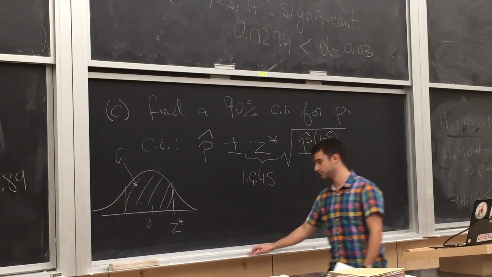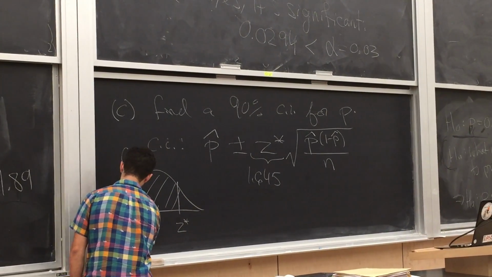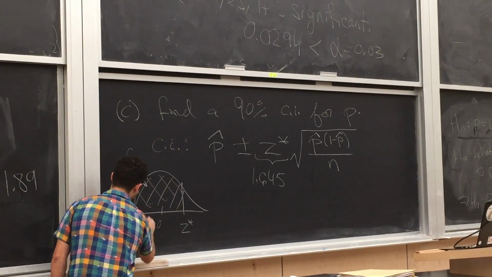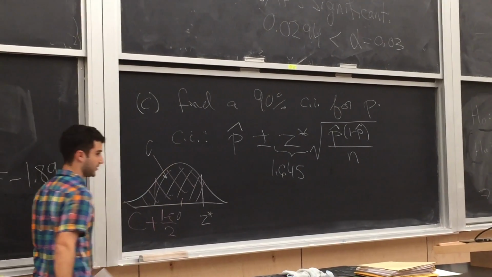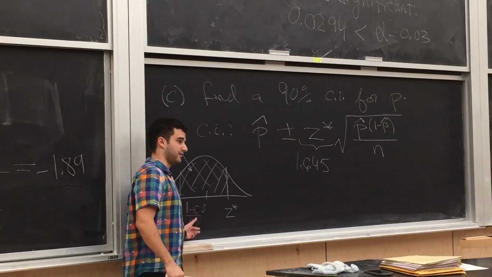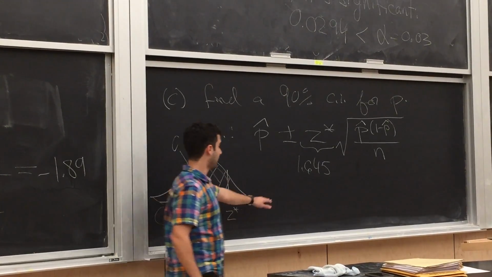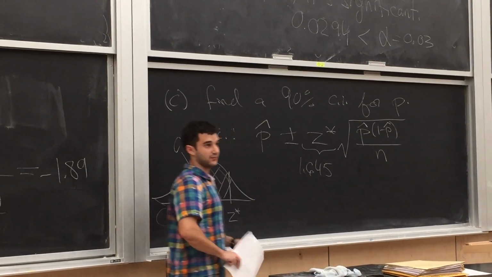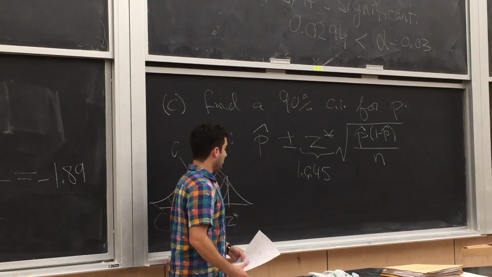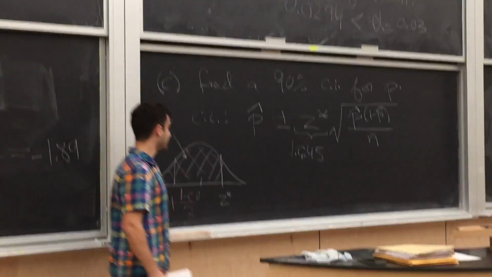In this case, the area to the left is always going to be C plus (1 minus C) over 2. If you work this out, it ends up being 95%. And the z value with 95% of the area to its left is 1.645. Okay? So the only real tricky part is figuring out what this z star is.